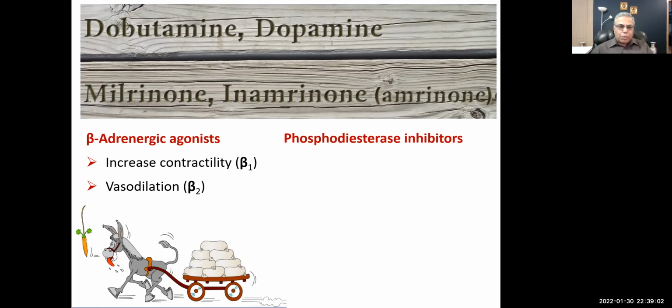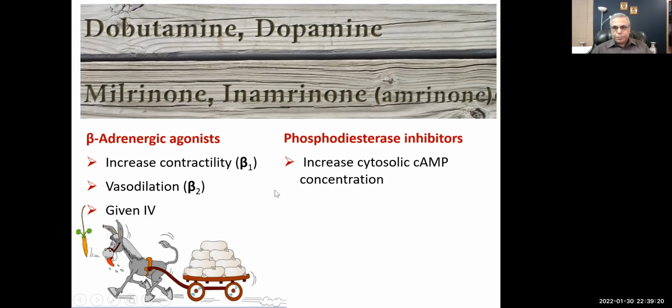Stimulation of alpha-1 receptors on the blood vessels causes vasoconstriction. In the blood vessels, we mostly have alpha-1 receptors. We have fewer beta-2 receptors, but the effect of beta-2 receptors is vasodilation, and they are given intravenously. These drugs, milrinone and enamrinone, are phosphodiesterase inhibitors.